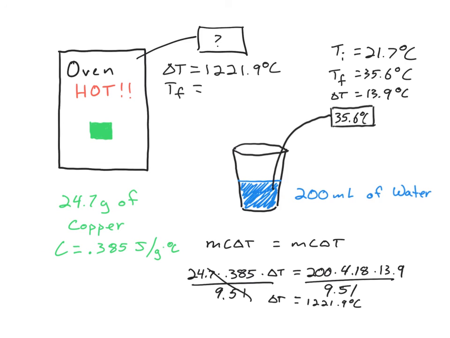Because the metal, when I transferred it from this oven into the water, the piece of metal cooled down to the temperature of the water. So the final temperature of the water is the same as the final temperature of the metal. So that's 35.6.